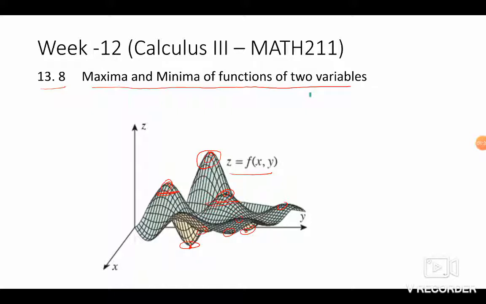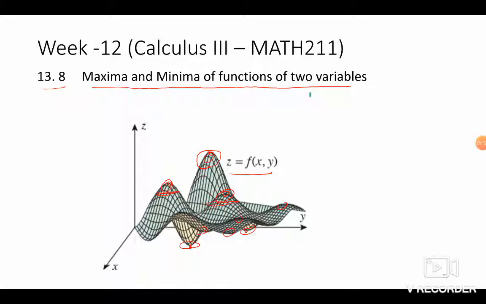And if a geologist wants to find the highest mountain top and the deepest valley in the entire mountain range, we want one peak and one valley in this entire range. Then mathematically we call it the absolute maximum and absolute minimum.